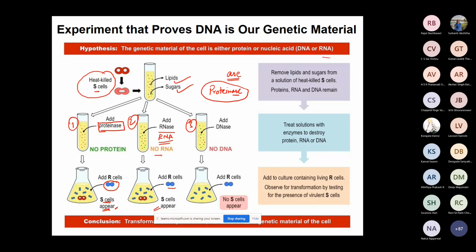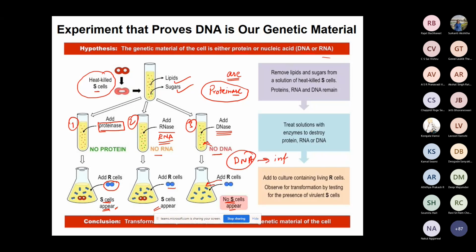In the third tube, they added DNase, an enzyme that destroys DNA. So no DNA in this solution, right? And during this time, when they added R strain, those cells remained as R strain. No S cells appear. That clearly proved that DNA contains information.